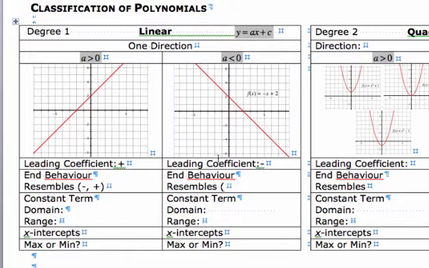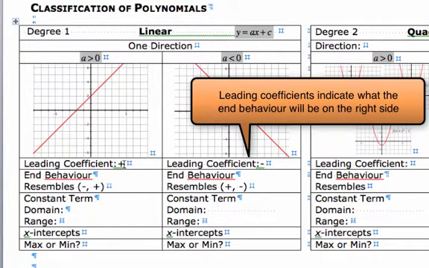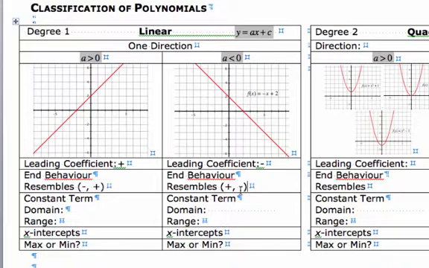Looking at when we have a leading coefficient that is negative, our end behavior starts positive on the left-hand side and goes down to being negative on the right-hand side. What I'd like to point out right away is that if our leading coefficient is positive, it tells us that the right-hand side of our end behavior is going to be positive. With a leading coefficient that is negative, it tells us that our end behavior on the right-hand side is negative. So the leading coefficient can help us determine what our end behavior is.